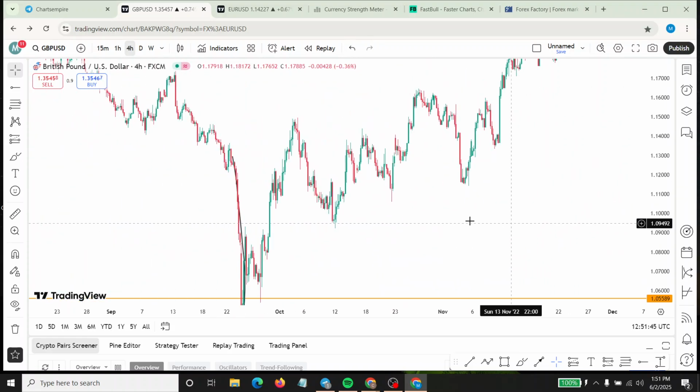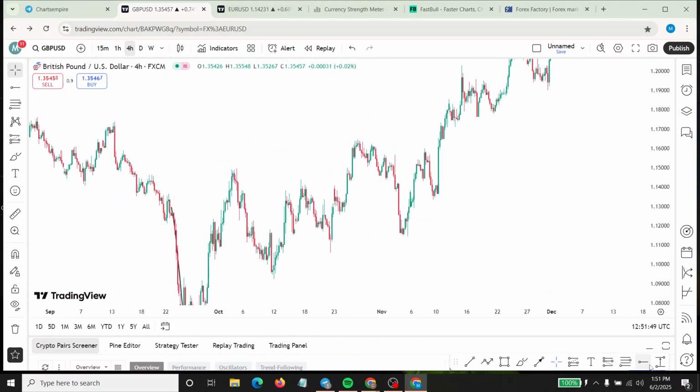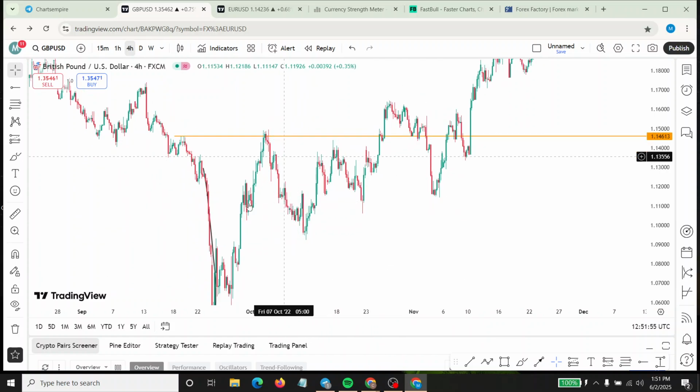We know that with this kind of scenario, we want to be taking advantage of our swing points. If you look at the resistance, we have some minor zones here.